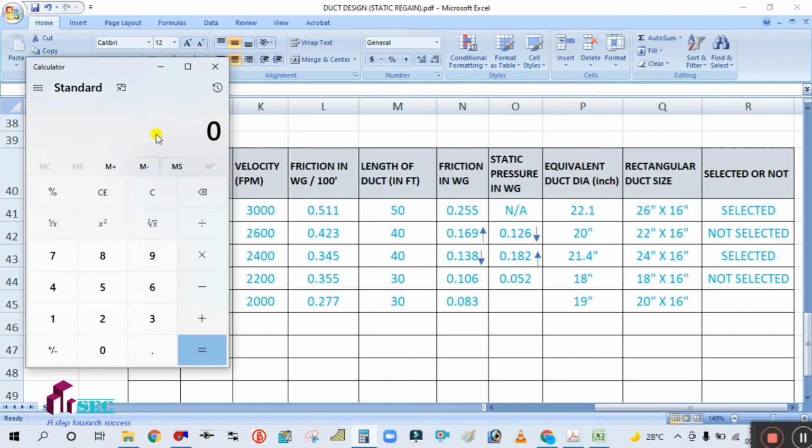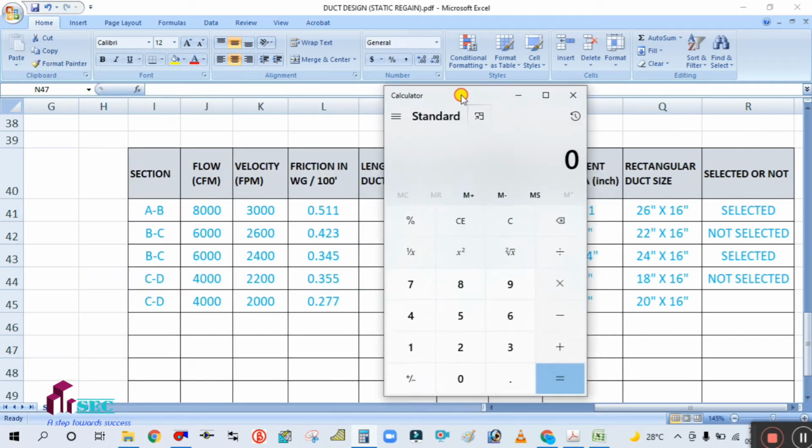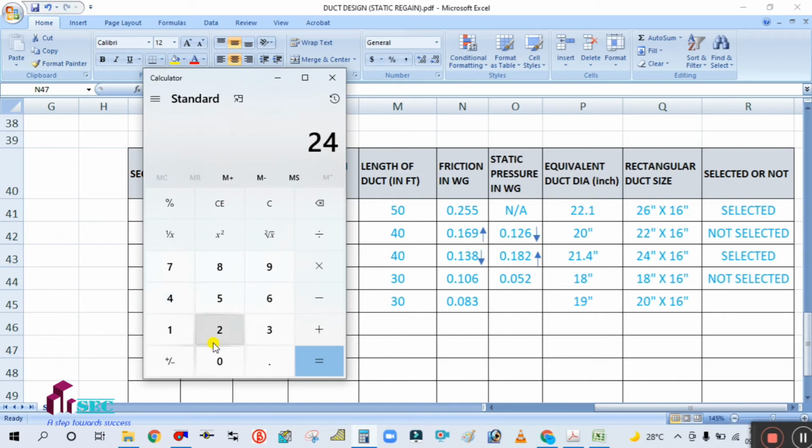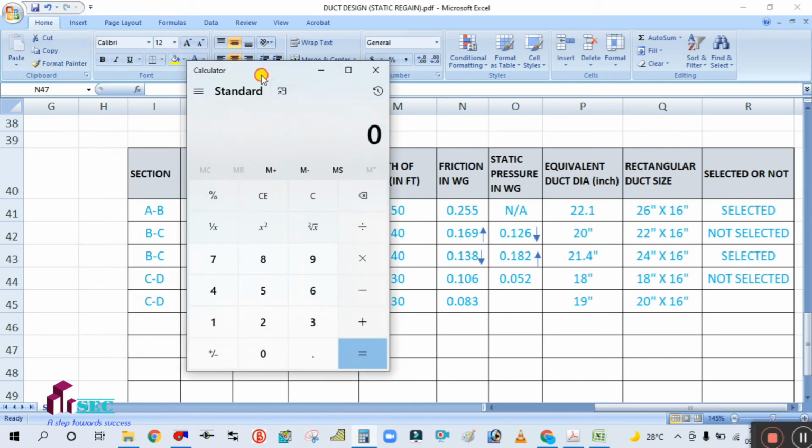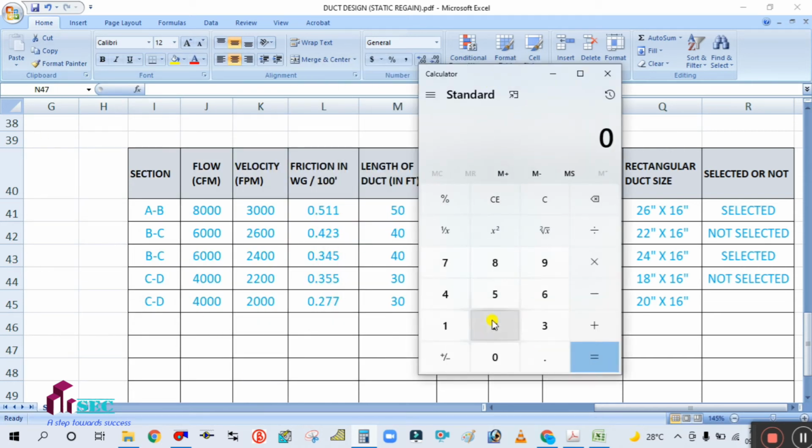So what will be your V1? V1 will be 2400, divided by 4000, whole square 0.36. Okay, so simply clear this, and now we assume here 2000. So 2000 divided by 4000, whole square 0.25.